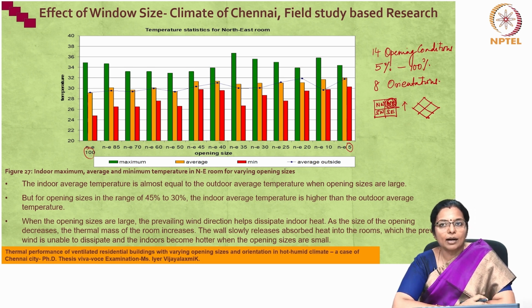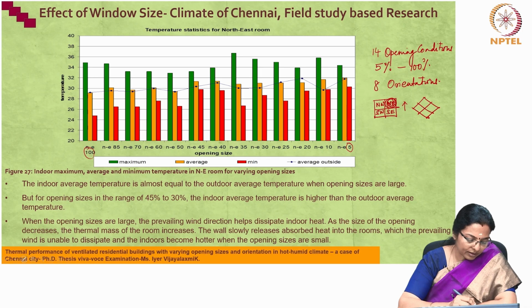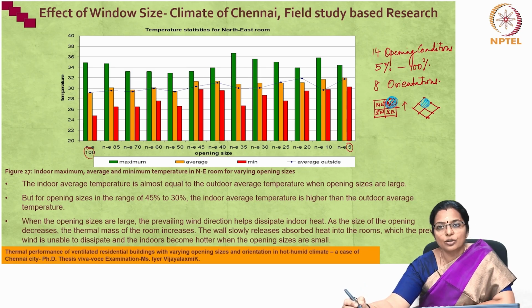In general, the number of comfort hours increases with decreasing opening sizes. This study showed that the northeast room is most comfortable when opening sizes are large. The northwest and the north-northwest rooms are most uncomfortable for larger openings.